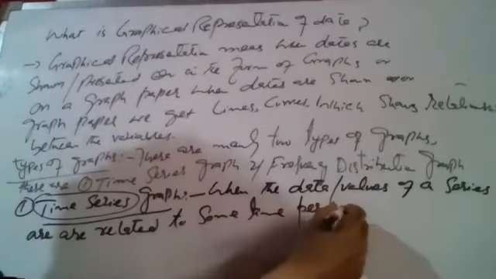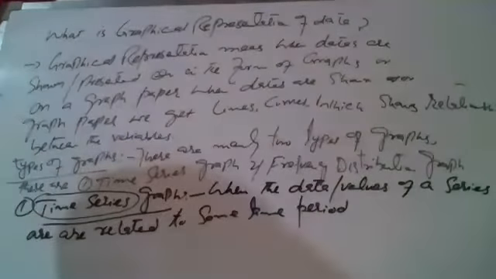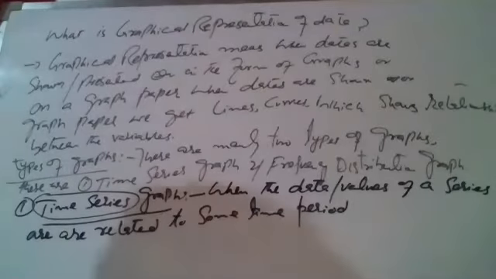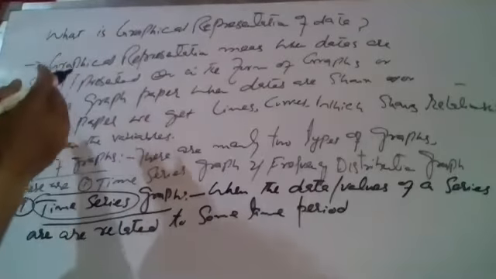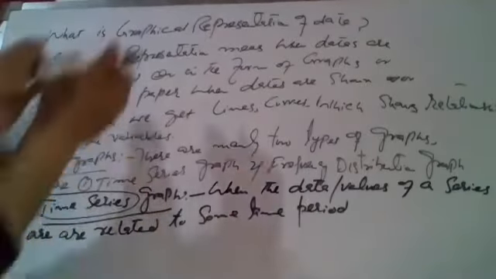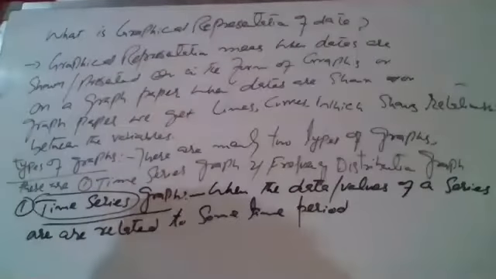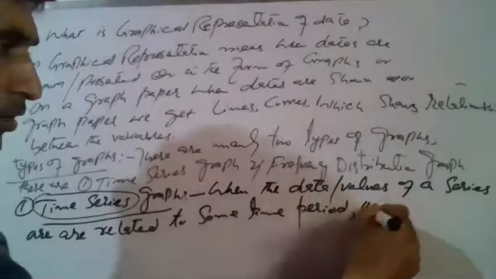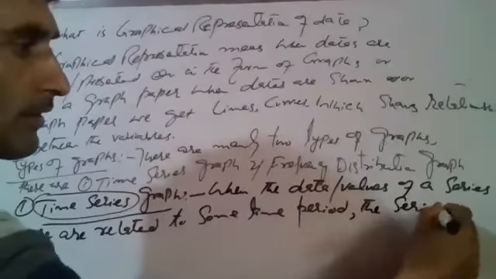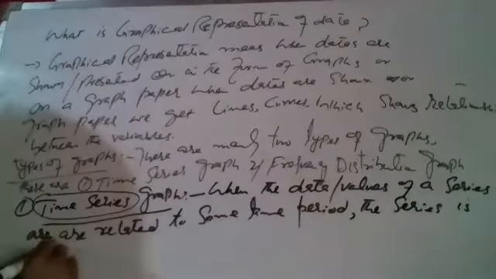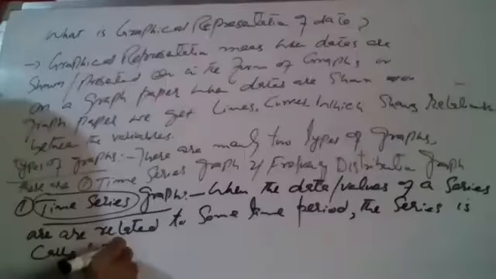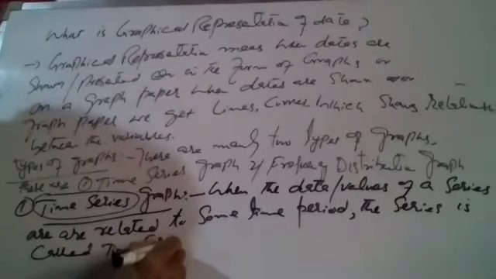Time period means years, months, hours, seconds, etc. So data often relate with time period. इस पर भी और तरह से लिख रहे थे year and production, year and birth rate, year and death rate. That is time series. The series is called time series.